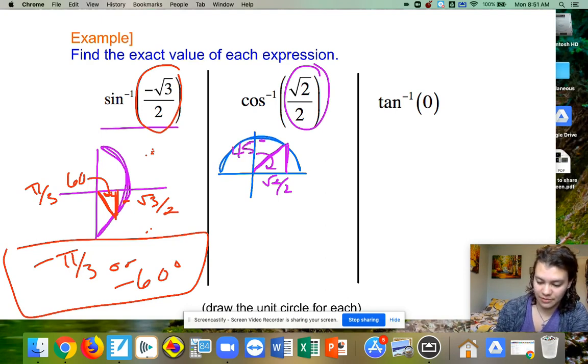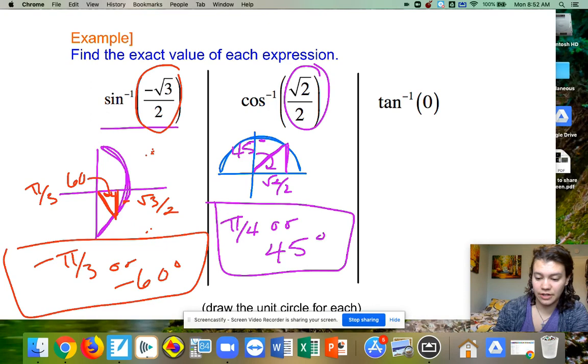So your answer is going to be pi over 4 or 45 degrees. A note here, if for some reason you were over here, you'd have to then adjust your value. So this would be 45 or something, but then you have to figure out what's your actual angle from that. So your answer would be 135 or 3 pi over 4 instead of 45 because you're in the second quadrant.